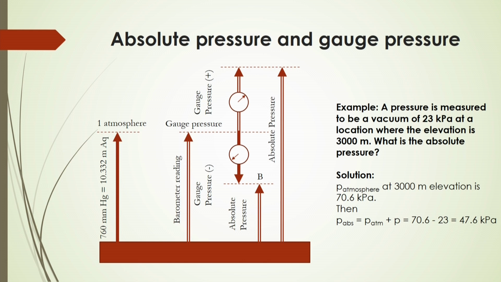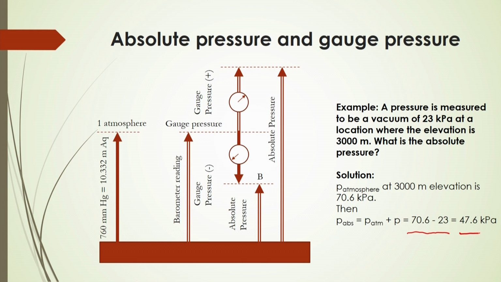So, here P atmosphere at 3000 meter elevation is 70.6 kPa. Then P absolute will be equal to P atmosphere minus the vacuum pressure of 23 kPa. So, it will be 70.6 minus 23, which equals 47.6 kPa.